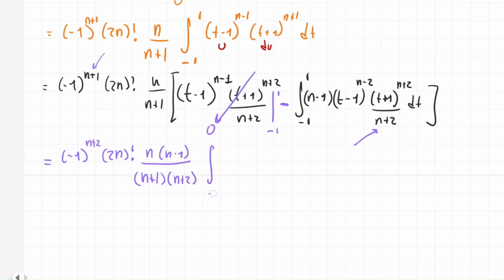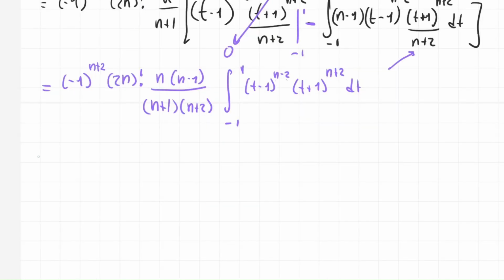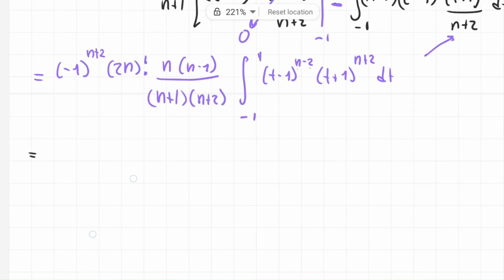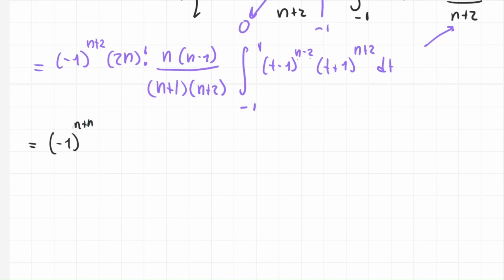And then the integral from minus 1 to 1 of t minus 1 to the n minus 2, and then t plus 1 to the n plus 2 dt. Okay, so I think that with this it is going to be easier to see that if we do it n times, this will be minus 1 to the n plus n, but that will be 2n, right?